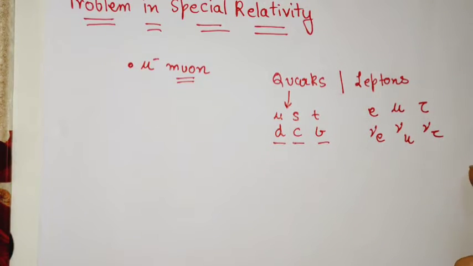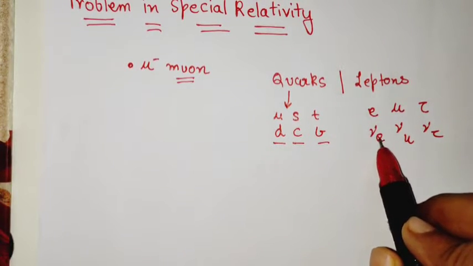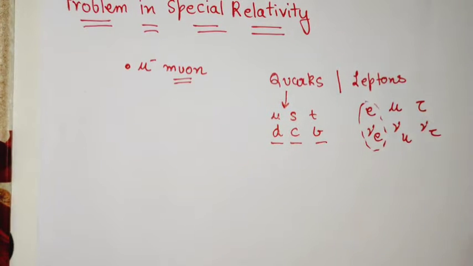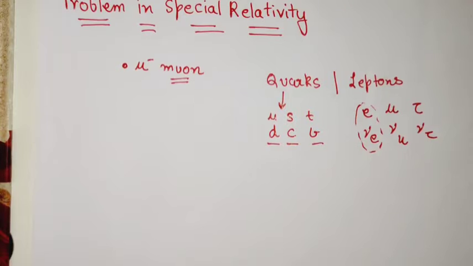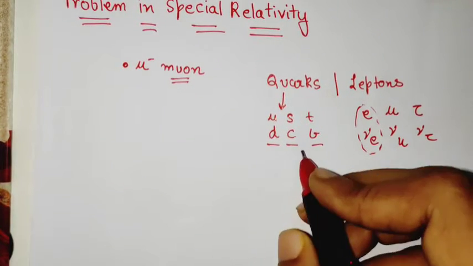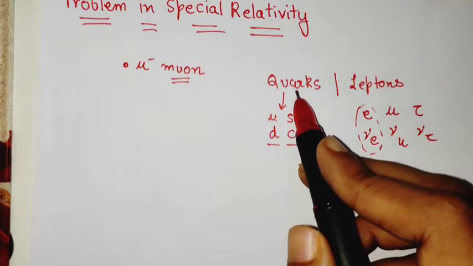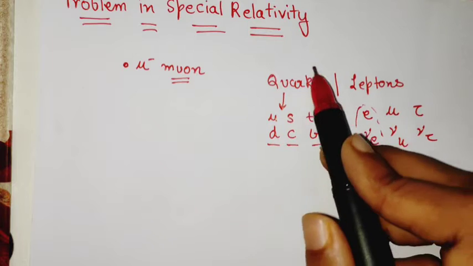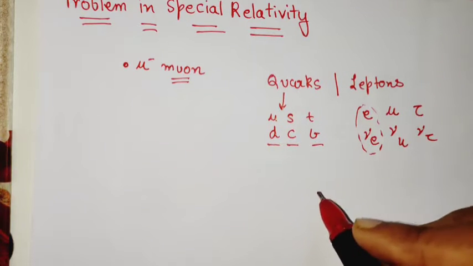As we go from one generation to the other, we see that the mass increases. Now we can do a quick calculation of the total number of particles that our standard model predicts.